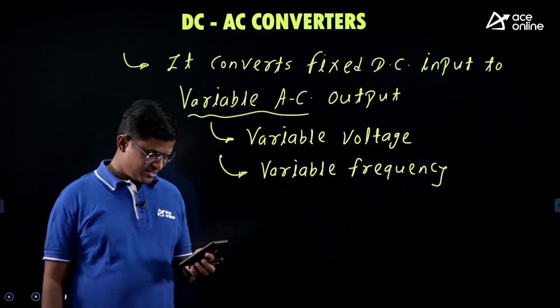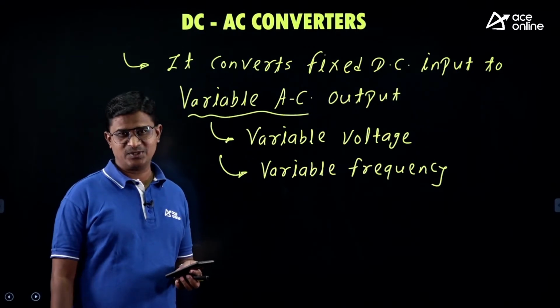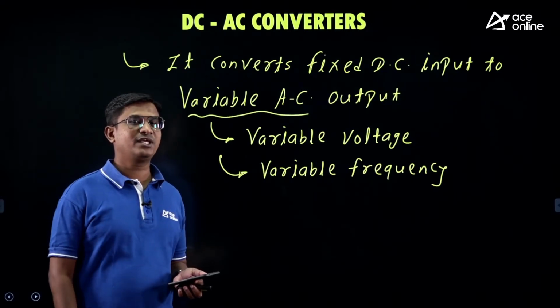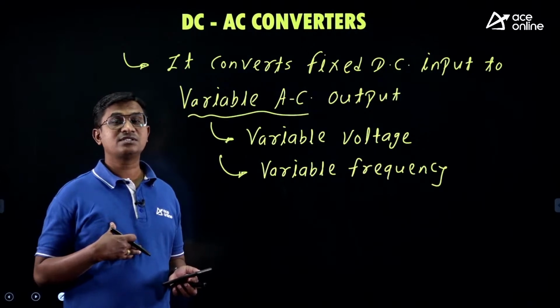Ashwini, you are saying it is a square. If my expectation is a square waveform, then my inverter is fulfilling my requirement. Practical inverters fulfill the requirement, but my expected output is that the inverter should give a sinusoidal output.